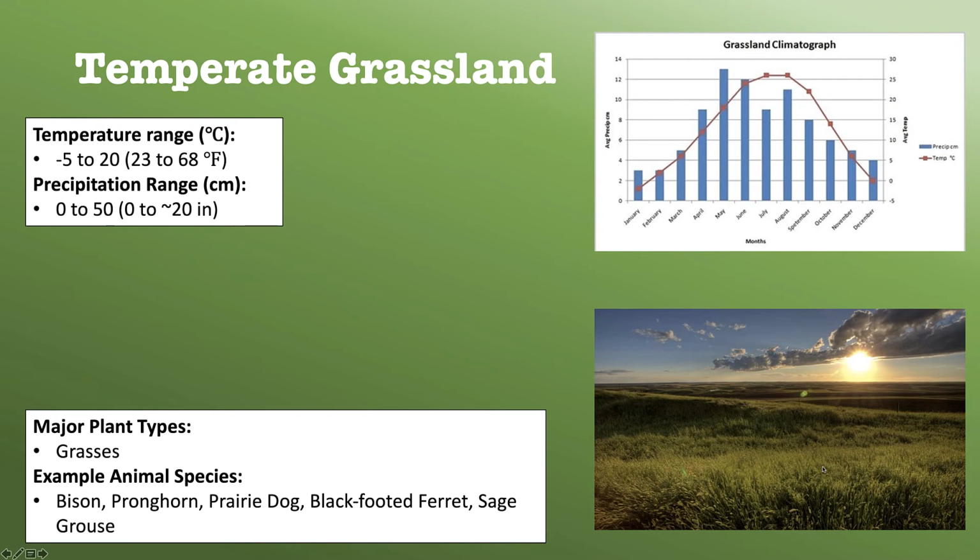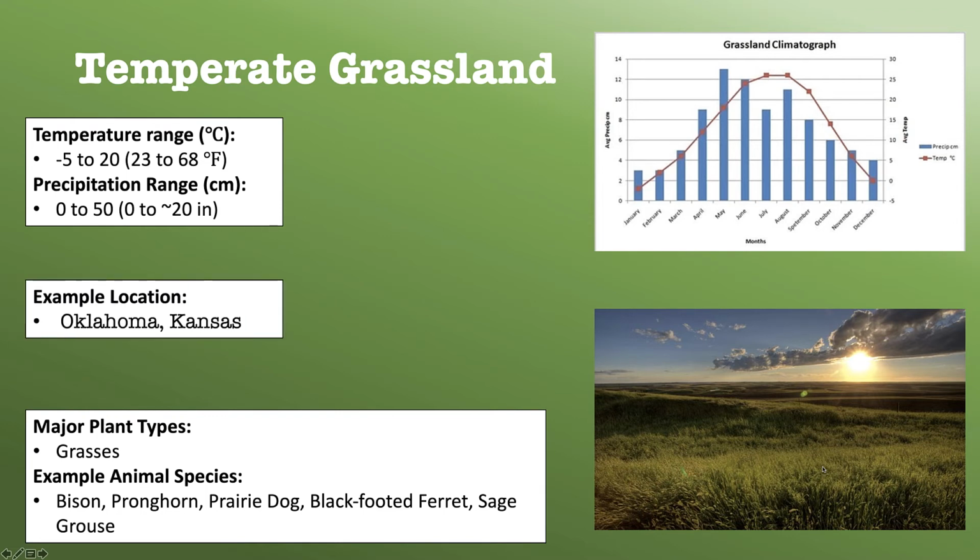You'll find things like bison, pronghorn, prairie dog, black-footed ferret, sage grouse. These are all common species you'll find out in the plains. Oklahoma, Kansas, Nebraska, South Dakota, these are all states and regions where you can expect to see this kind of biome, or at least where it was common.